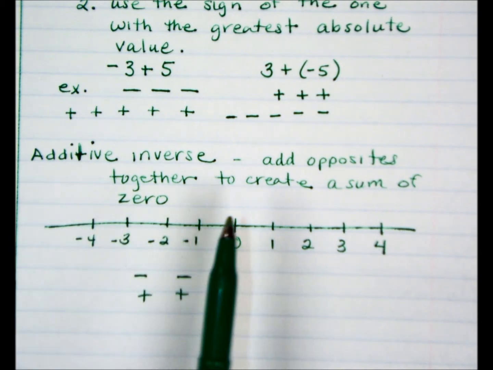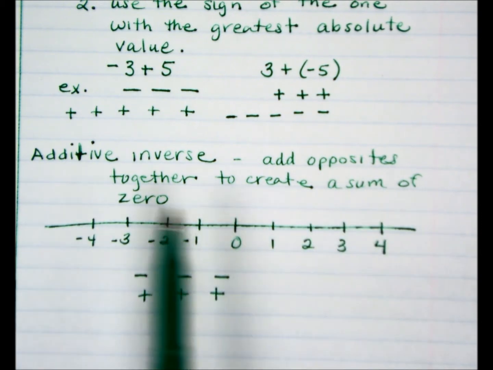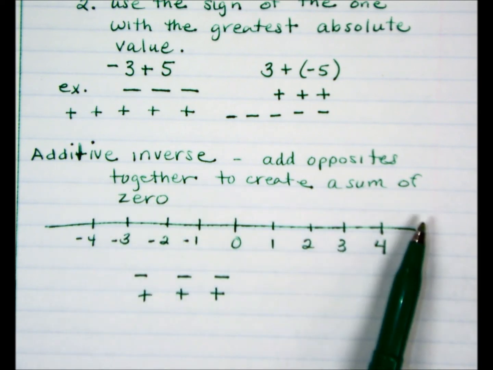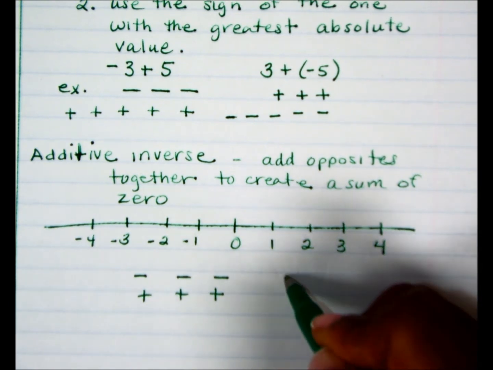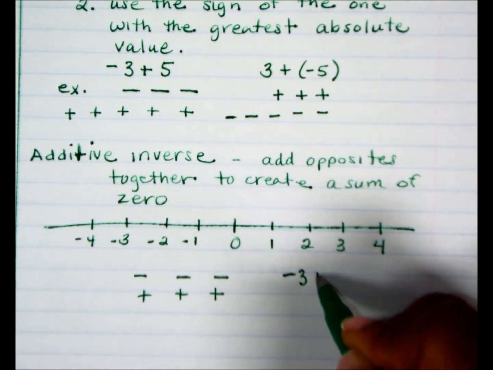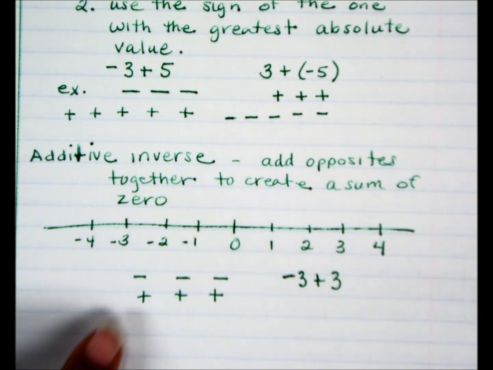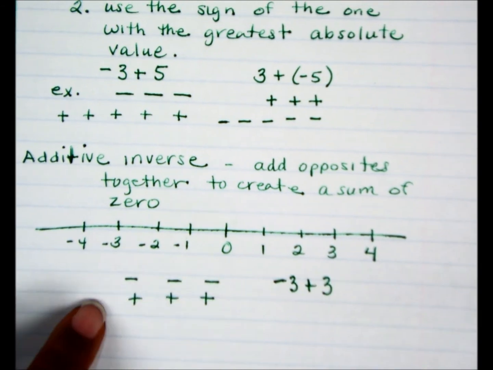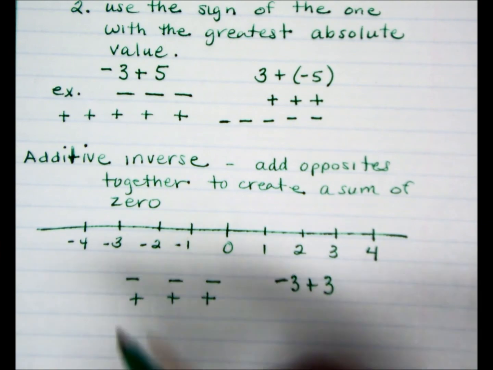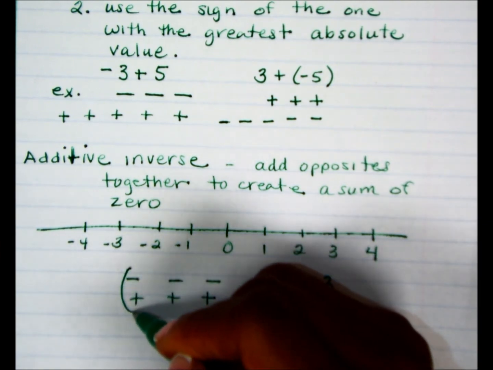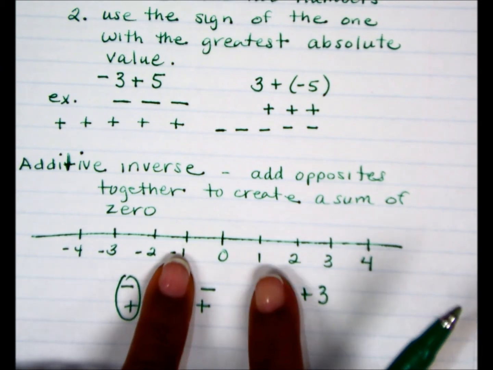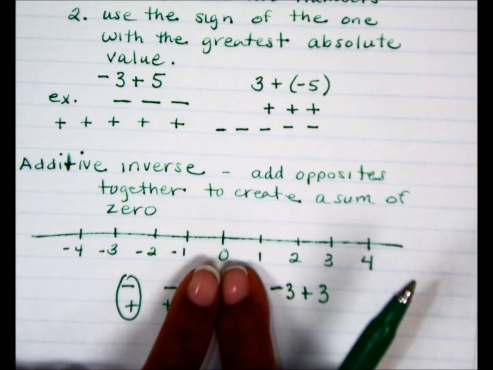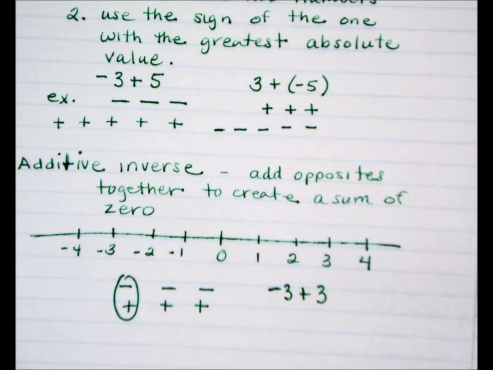The additive inverse is when you add the opposites together to create a sum of 0. And we call this a neutral field. So in this problem, if I had -3 plus 3, a negative and a positive together create a 0. So -1 and +1 would create a 0.